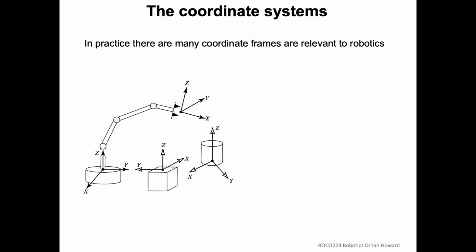So there's lots of coordinate frames and mapping between them, which is relatively important to and relevant to robotics. We've already said endpoint of the robot with respect to its origin, but also camera view mapping to the frame of the robot as well.